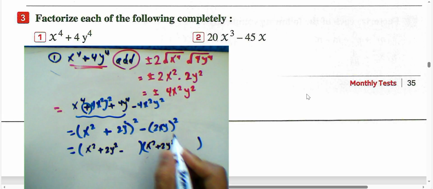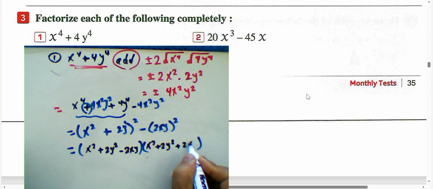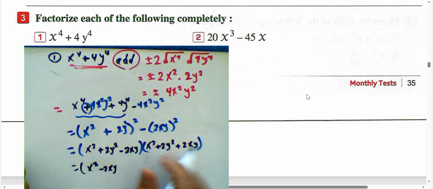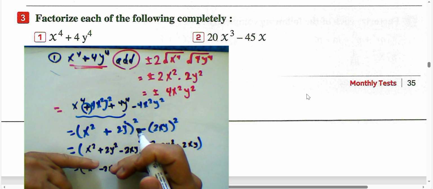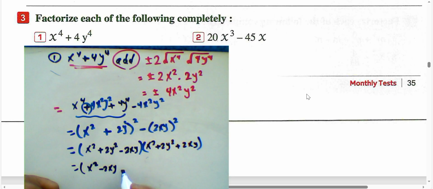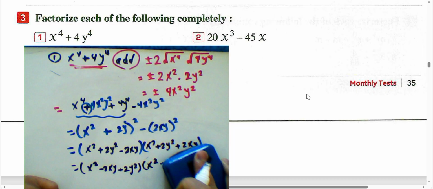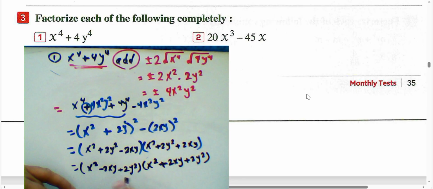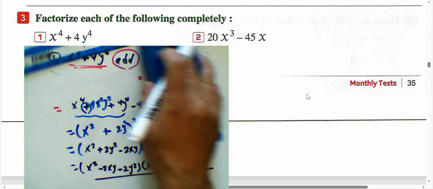Write negative and positive 2xy and 2xy, and you can rearrange them together here: x² − 2xy + 2y². You can finish here, or you can complete it by rearranging: (x² + 2xy + 2y²)(x² − 2xy + 2y²). This is the answer to question number 1.